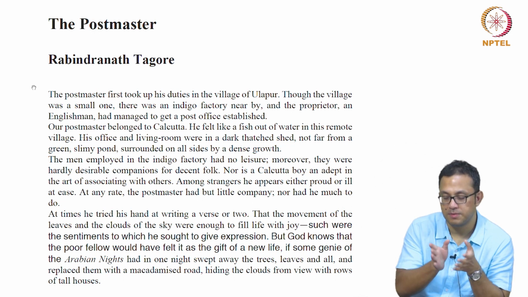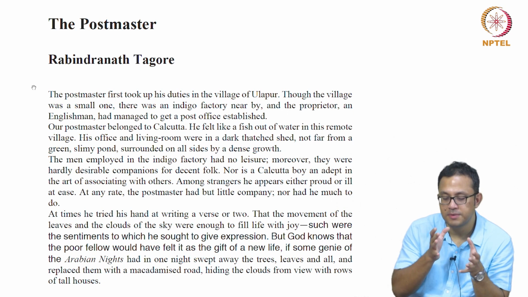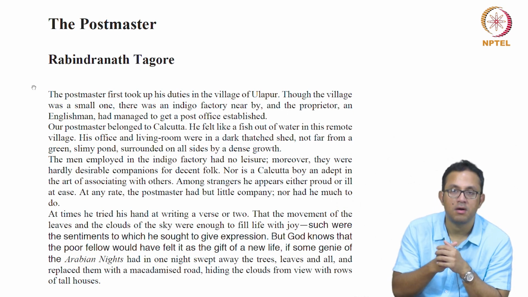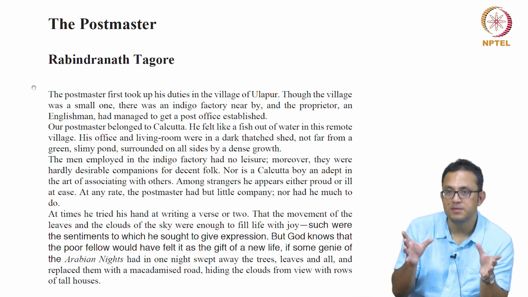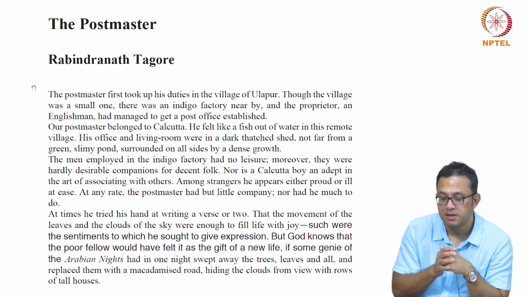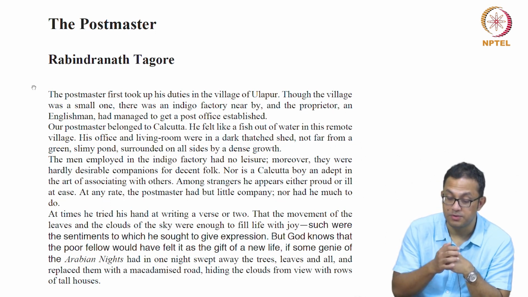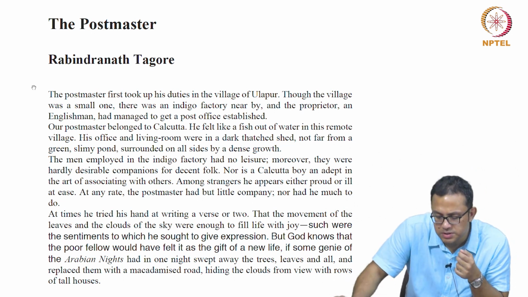But the entire purpose of the post office, we are told, is to be the information center, the information point around the indigo factory. So we see, as I mentioned already, how the indigo factory and the post office are all very colonial positions, very colonial sites, and the man over here who's just joined the job as a postmaster is very much part of the payroll of the colonial machinery.